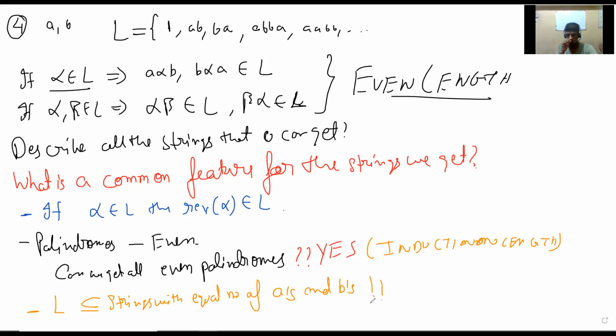That's clear, right? You never get something which has unequal number of A's and B's. A, B, B, A, okay.